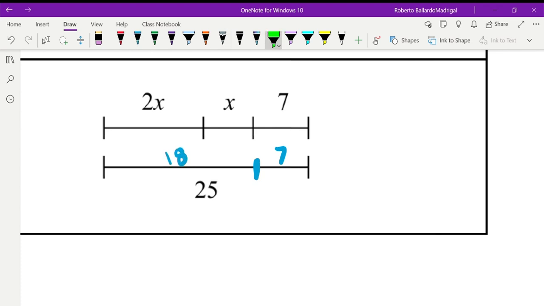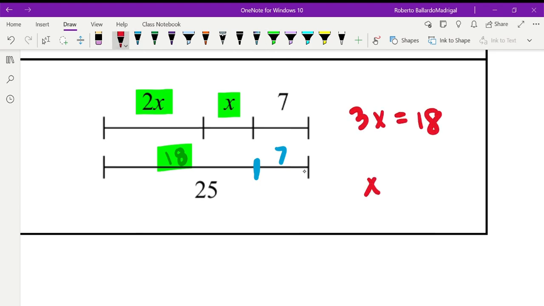Now we're looking for 3 equal size groups that make 18. So 3 equal size groups that make 18. What must each group be worth then? Gael, what must each group be worth? 3 equal size groups that make 18? Think about it.